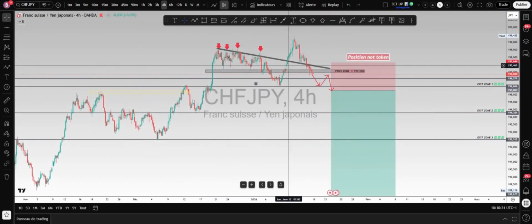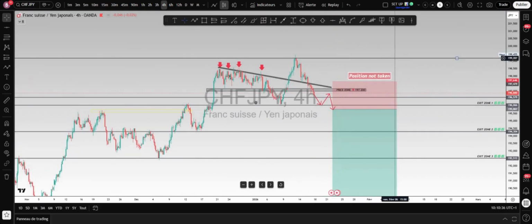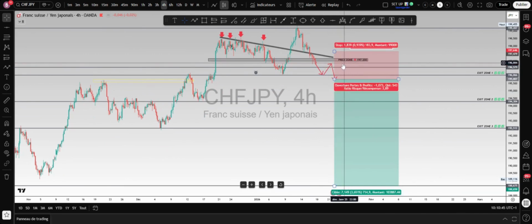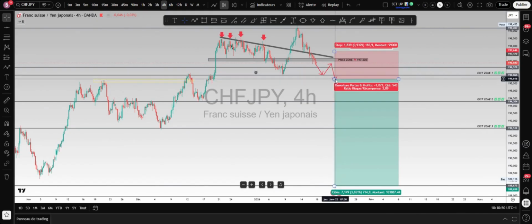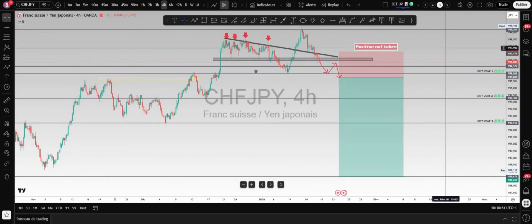And then it shot up, and by chance it went to reach its highs. So I would wait for a scenario like this. Here the market makes a bearish move. It comes back to retest the round number zone and possibly a small bearish move. And I would enter a position here if everything goes well. So this is a pending position.